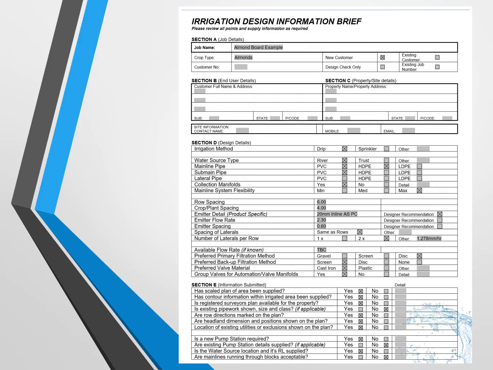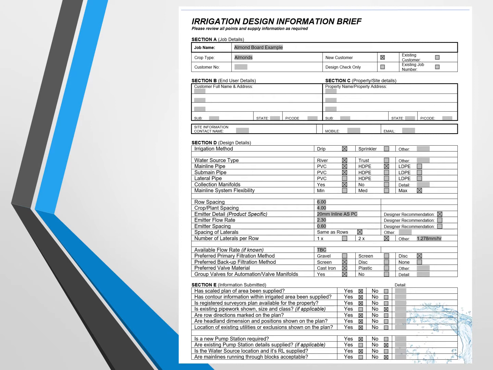Before undertaking any irrigation system plan, I will run through the irrigation design brief form in conjunction with the client. The purpose of this form is to make sure that the client and designer have agreed upon the same things and the desired system outcomes.